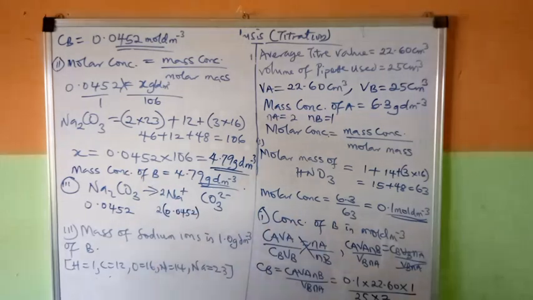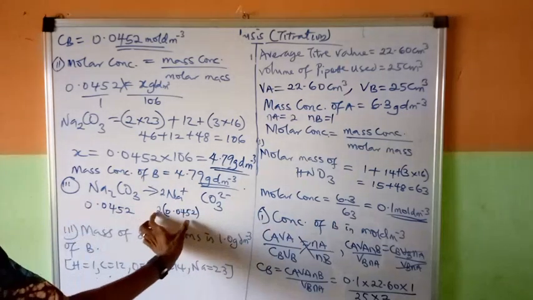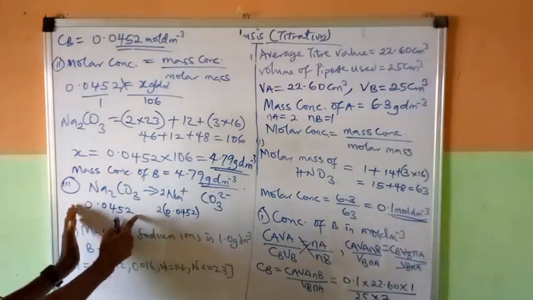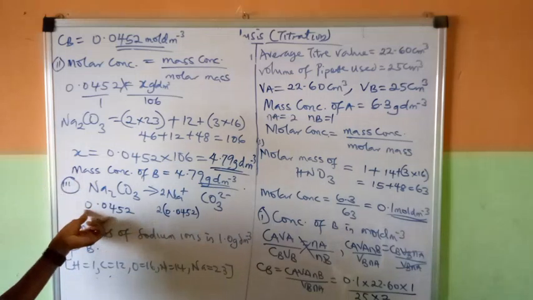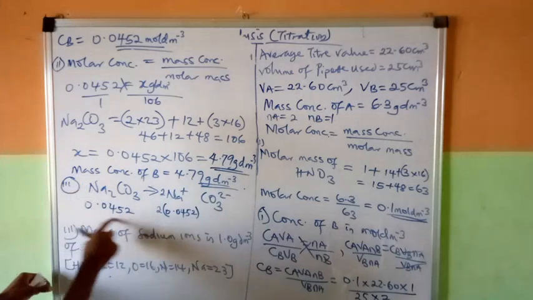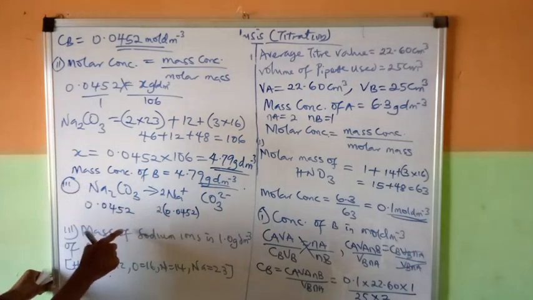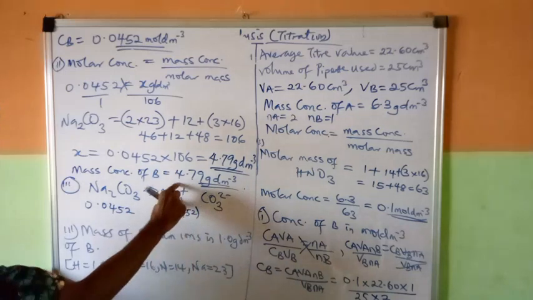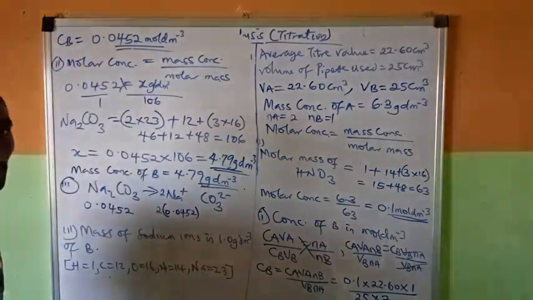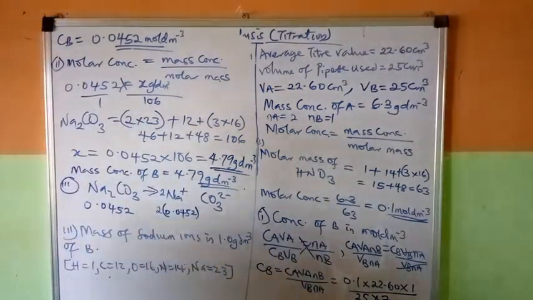So I'll multiply this by 2. This is in mole per dm cube. Mole per dm cube means the amount of moles in 1 dm cube. So I can as well say this is the number of moles of sodium trioxocarbonate 4. This is the number of moles of sodium ion. So I will just convert this number of moles to mass and I will get the mass of sodium ion.